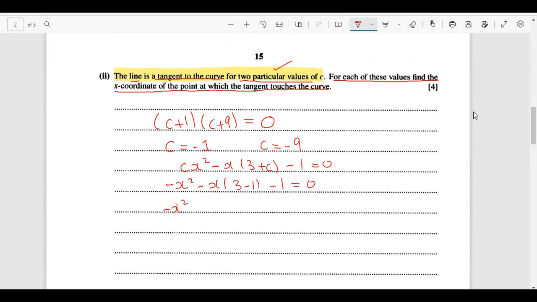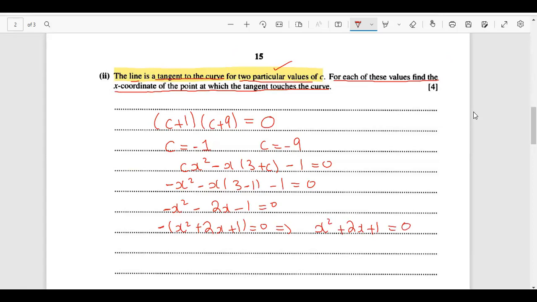So minus x squared minus 2x minus 1 equals 0, and I can take minus common. So it would give me x squared plus 2x plus 1 equals 0, and then I can just divide the minus on the other side, and finally the equation would be x squared plus 2x plus 1 equals 0.